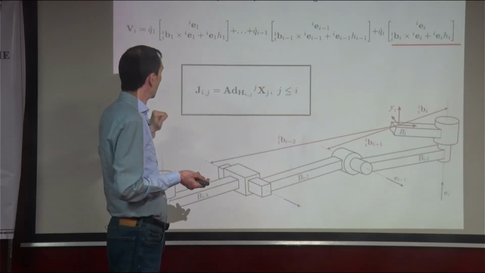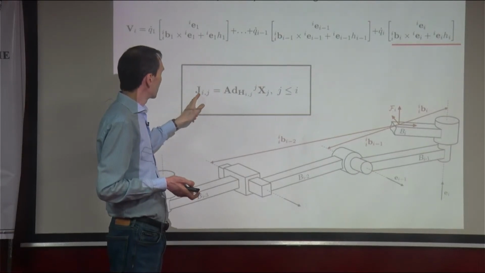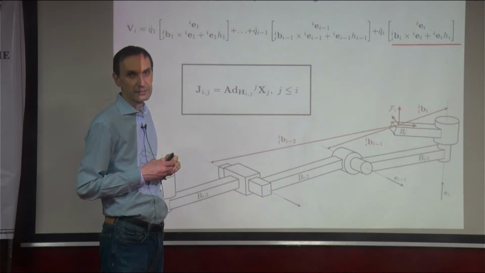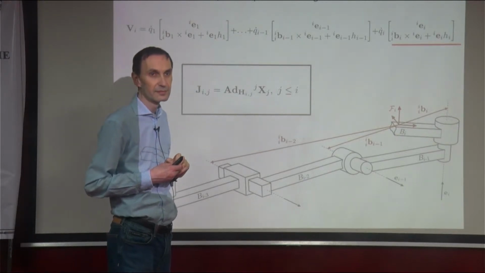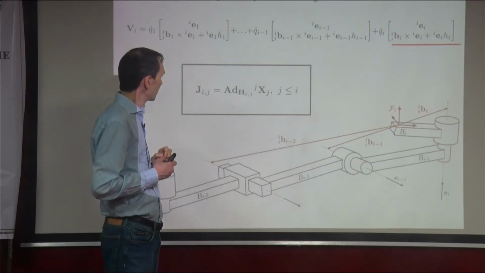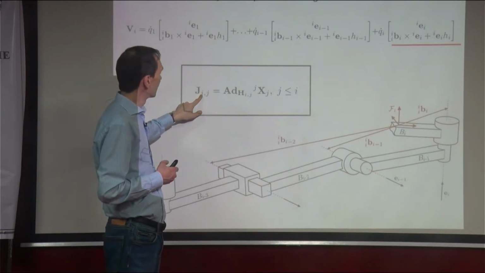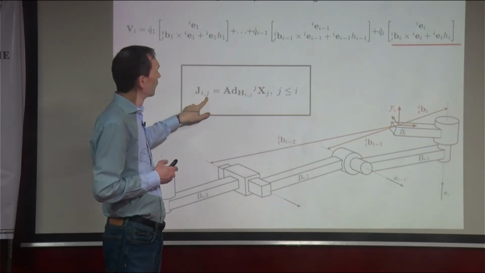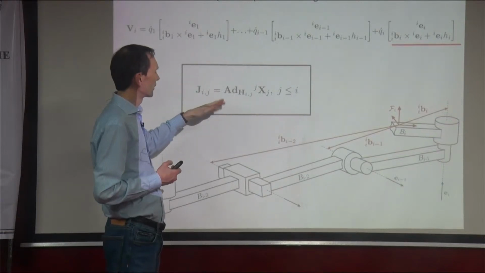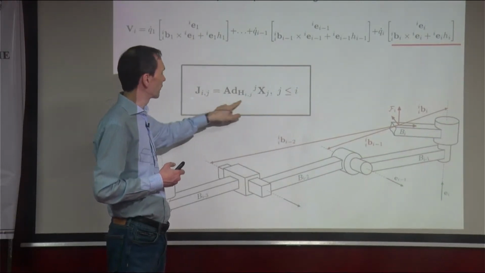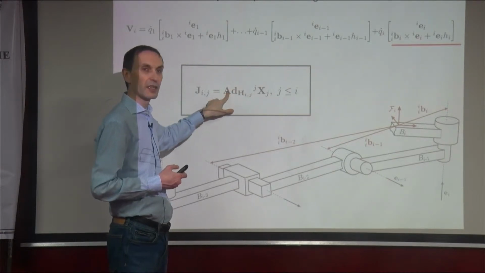Good. What about the Jacobian of the second body? So i is 2, second body, and then j goes from 1 to 2. What about, and this is generally true, Jii is always Xi, because then you have Hii, which is the identity.